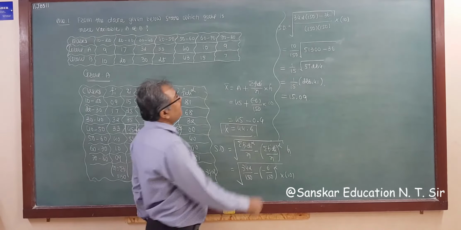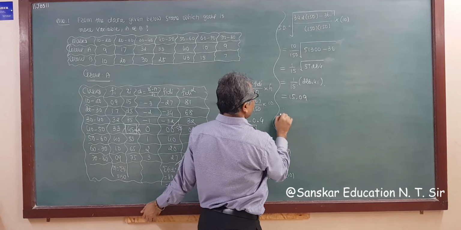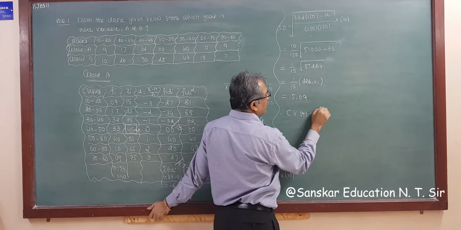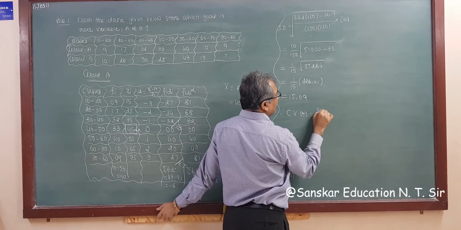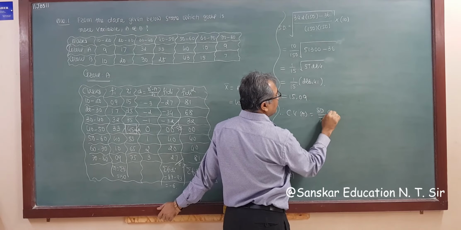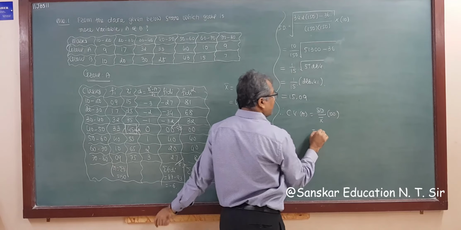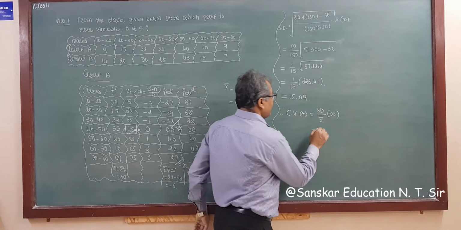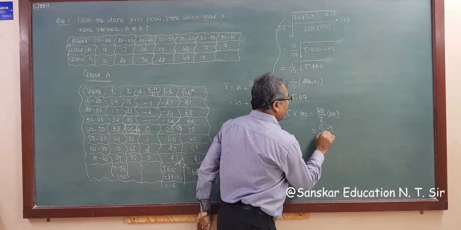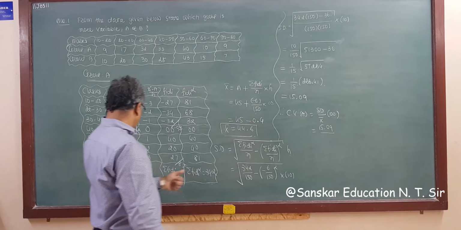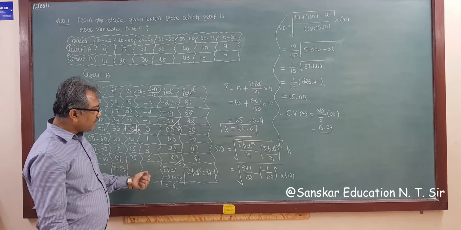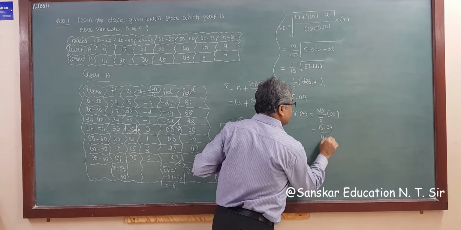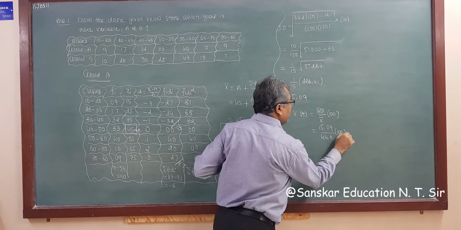So CV for group A is equal to standard deviation upon mean into 100. The standard deviation is 15.09, so 15.09 upon mean, and the mean is 44.6, into 100.